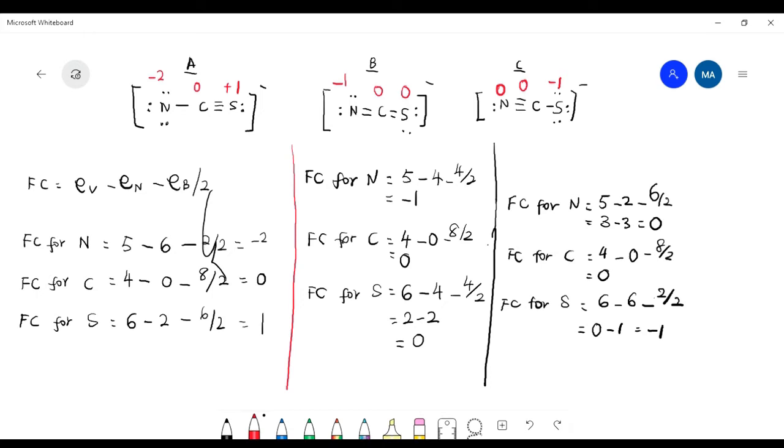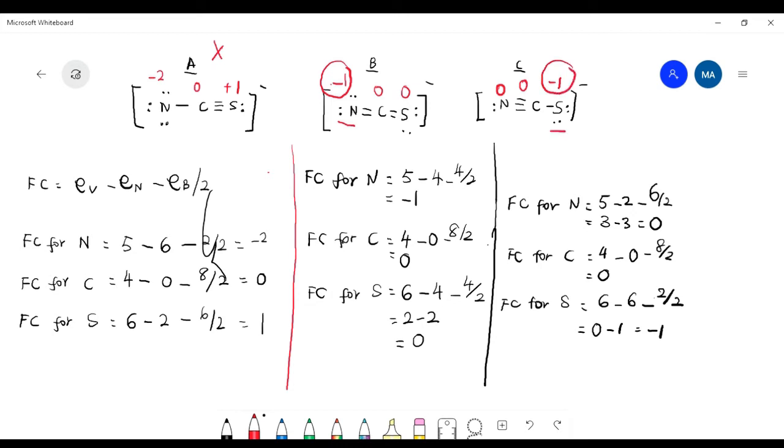So, which one is the best structure? When we look at these three structures, it should be 0, 0, 0, the best. But here we do not have 0, 0, 0. So of course, structure A is out. Now we look at 0, 0 and minus 1 versus minus 1, 0, 0. This minus 1 is for nitrogen and this minus 1 is for sulfur.